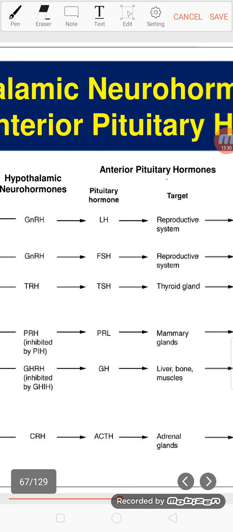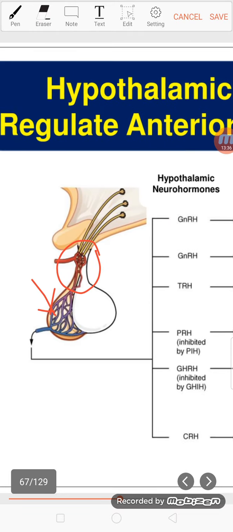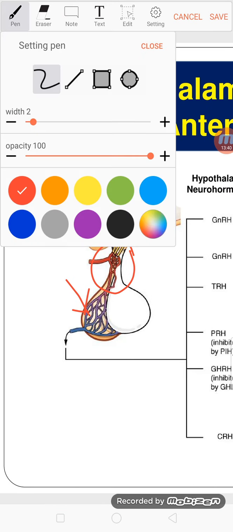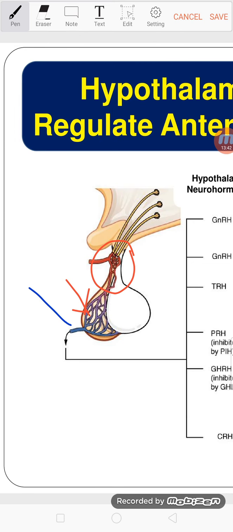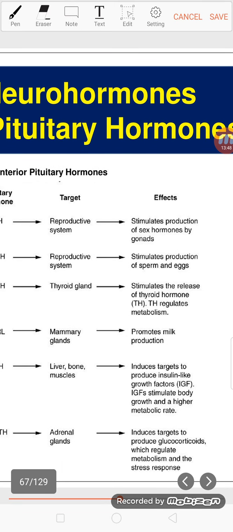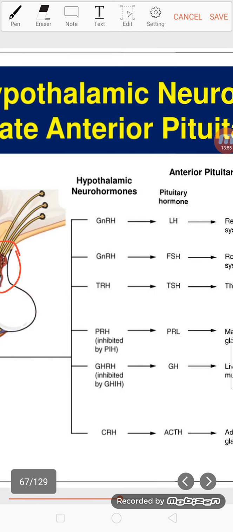Anterior pituitary will activate it and secrete thyroid stimulating hormone. It will travel into the blood and go to the thyroid gland, and then the thyroid gland is stimulated and will release another hormone, which is thyroid hormone.